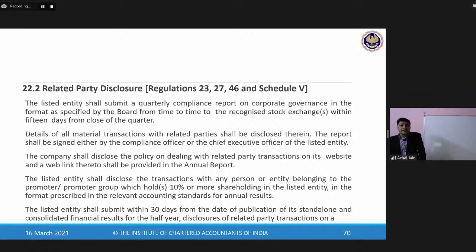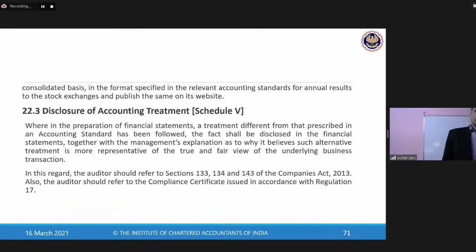The listed entity shall submit, within 30 days from the date of publication of its standalone and consolidated financial results for the half year, the disclosure of related party transactions on a consolidated basis in the format prescribed for related party disclosure as per the requirements of accounting standards, and the same should also be published on the website of the company.